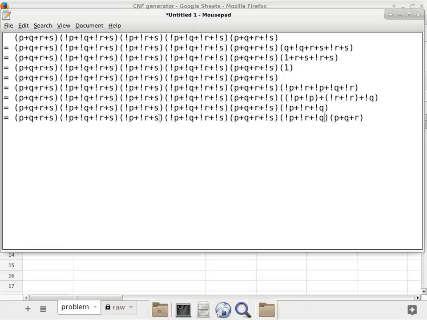There are three things you need to let me know. Which two clauses? This is the first clause, this is the second clause. Out of the clauses, which variable are you using for resolving? Whatever variable you're picking, it has to be non-negated in one of the two clauses, and negated in the other clause. So you have to indicate how you chose.